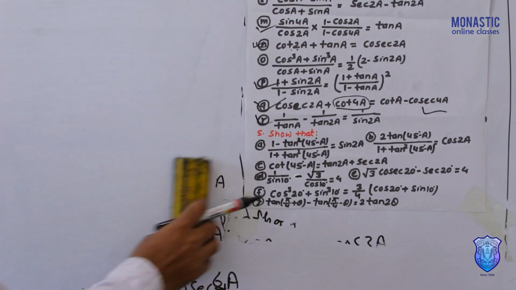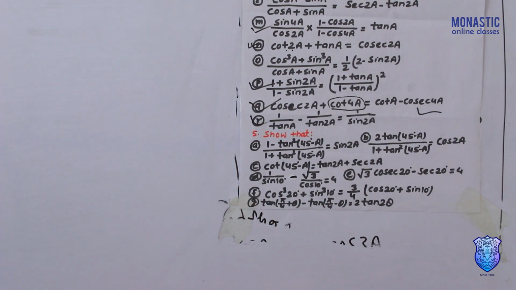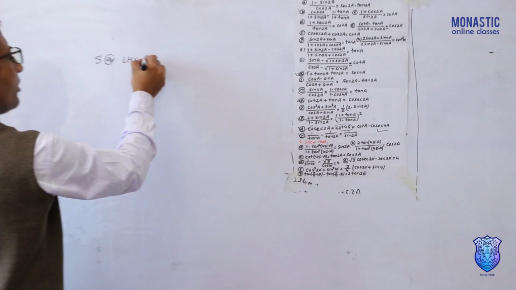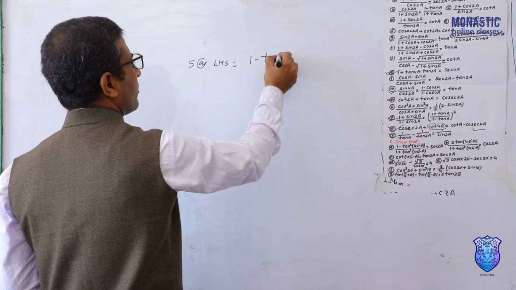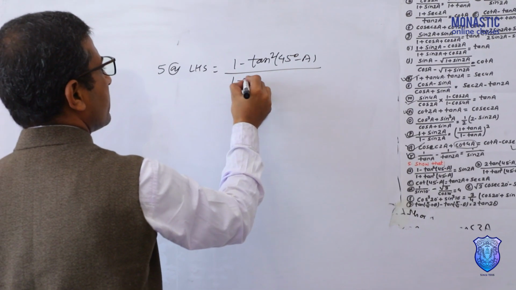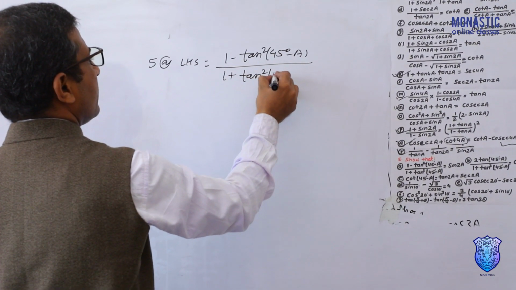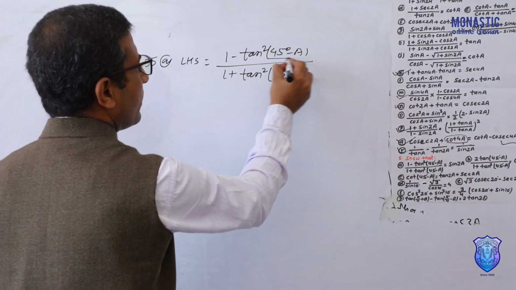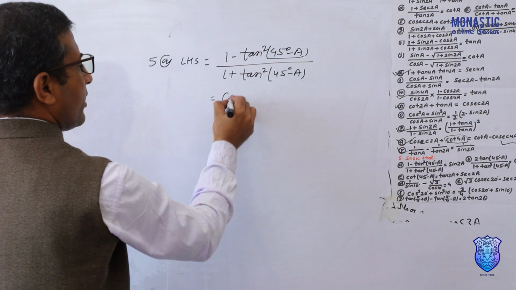Now in question number 5a, if you look at it carefully, that's the formula: 1 minus tan squared (45 minus a) over 1 plus tan squared (45 minus a). That's the formula of cos 2a, but in place of a there is 45 minus a.